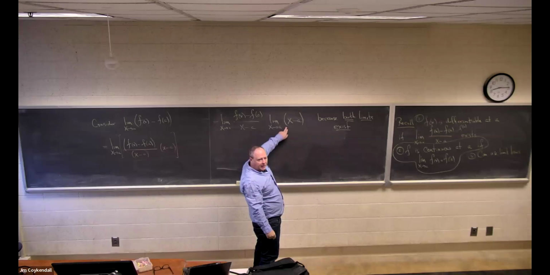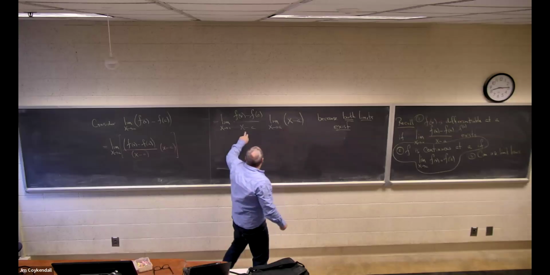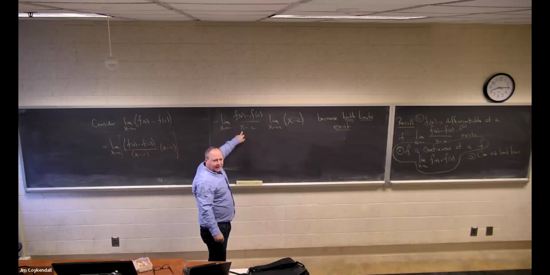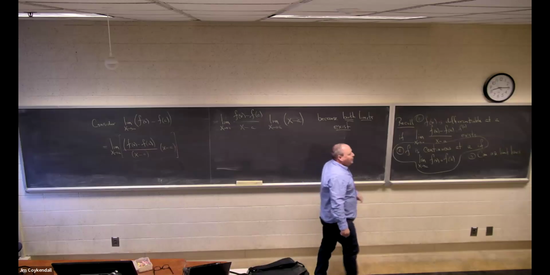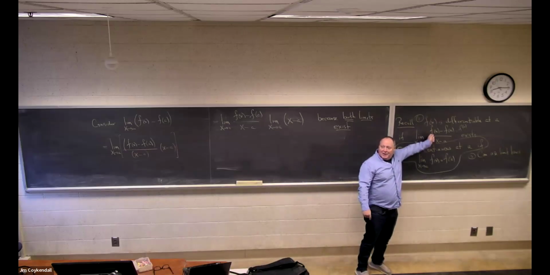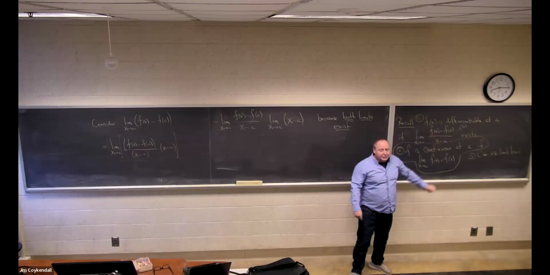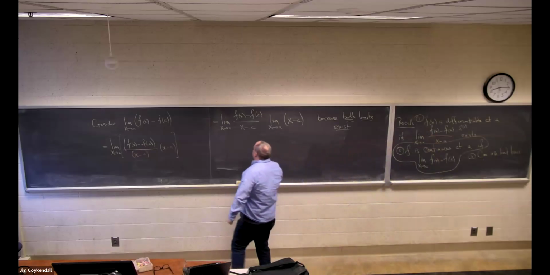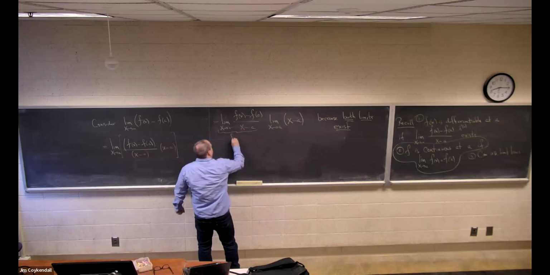Because this one's a polynomial. I just plug in. Why does this one exist? Because we said so, right? Remember, the function's differentiable. Because the function's differentiable at a, this limit exists.